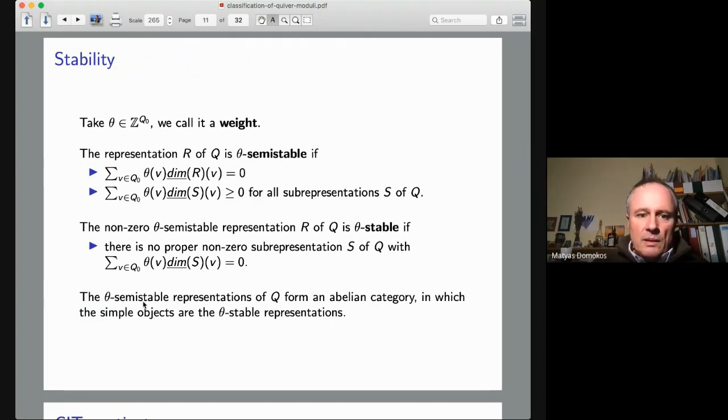So the theta semi-stable representations of Q form an abelian category in which the simple objects are the theta stable representations.